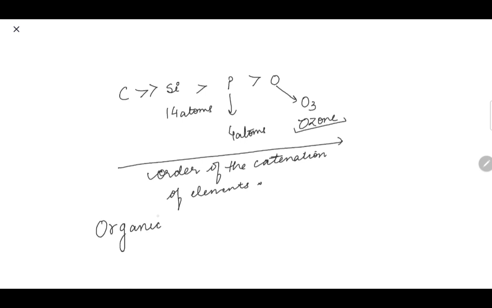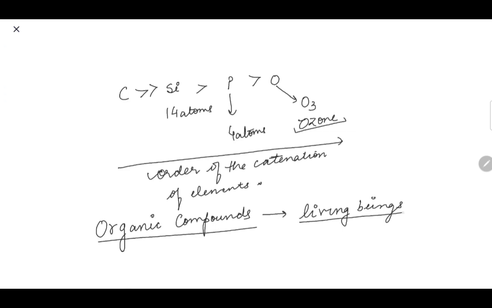So what are organic compounds? Let's discuss them first. You have to understand, all the compounds which we extract from living beings, that was the old definition of the organic compounds.